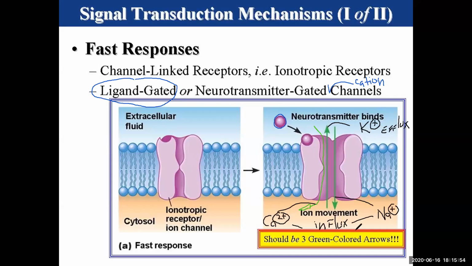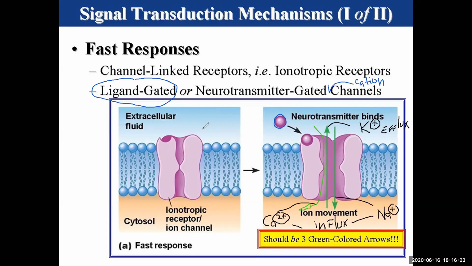Influx. You see this only for the ligand-gated cation channels, because the voltage-sensitive ion channels flux only 1 ionic species at a time. Voltage-sensitive sodium channel, influx only sodium. Voltage potassium channel, efflux only potassium.